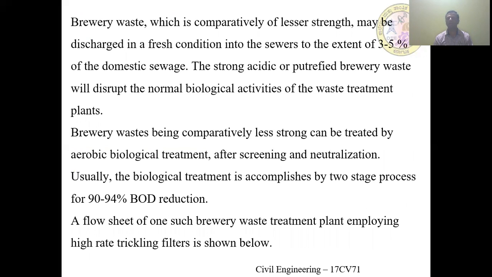Brewery waste, being comparatively less strong, can be treated by aerobic biological treatment after screening and neutralization. Usually, the biological treatment is accomplished in two stages for 90 to 94% BOD reduction. Here is a flow sheet of one such brewery waste treatment plant employing high rate trickling filters.